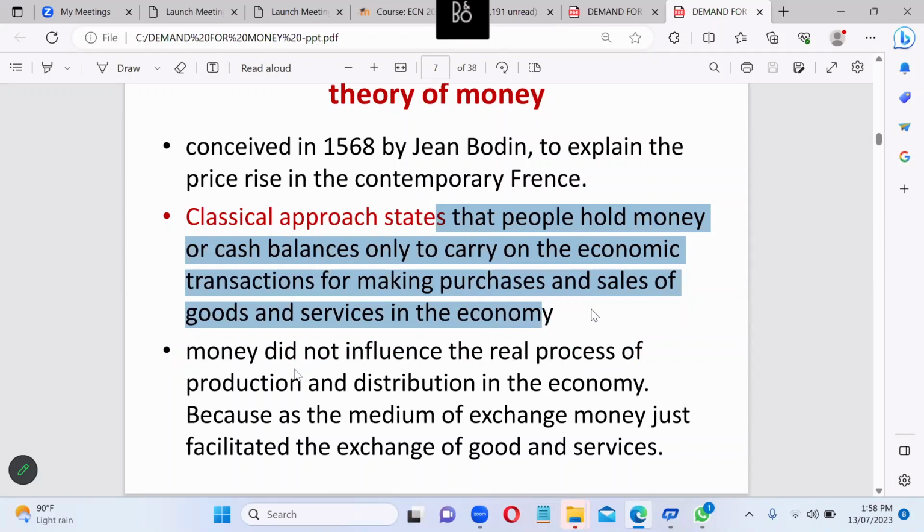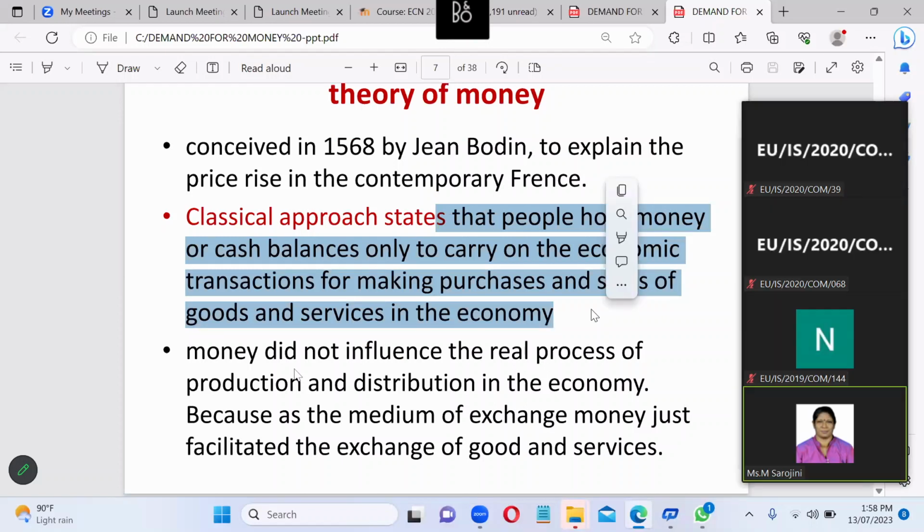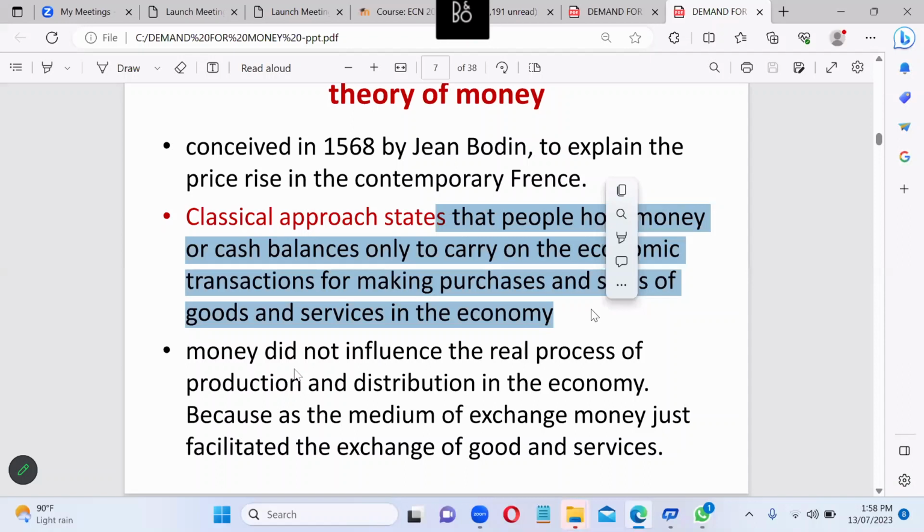Money does not influence the real process of production. Once we produce a chair, money does not influence the production function in a real way, but hiddenly or indirectly money is influencing.